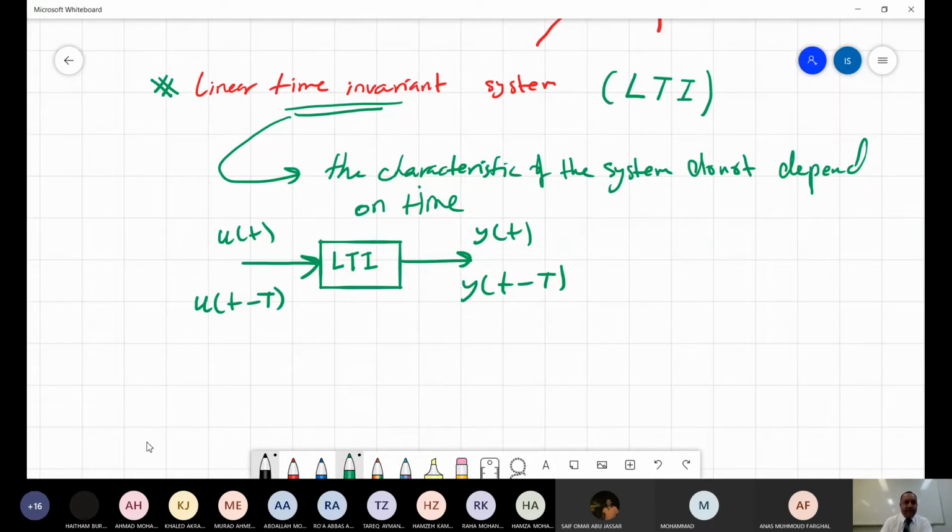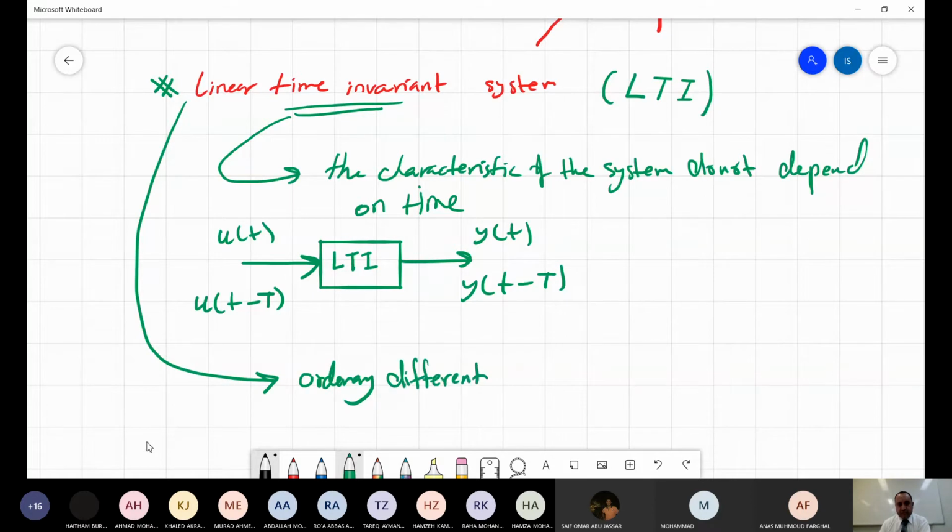And the linear time invariant system is described by an ordinary differential equation, or what we call ODE.